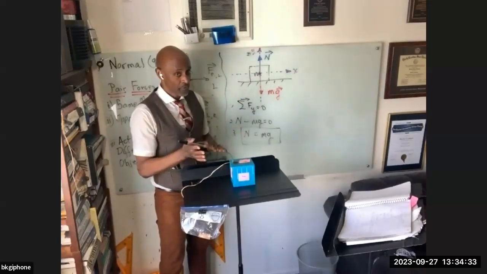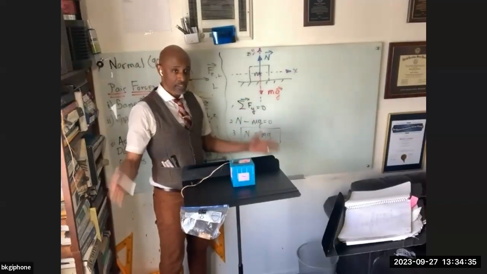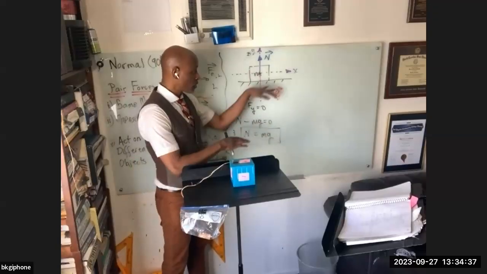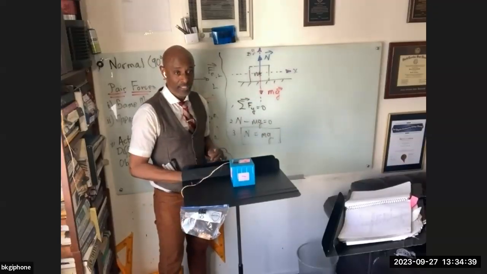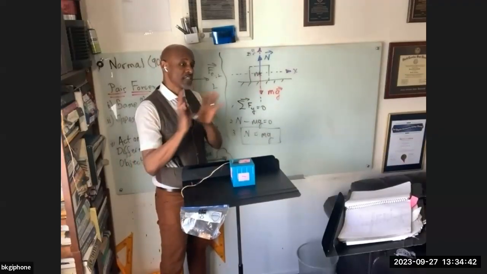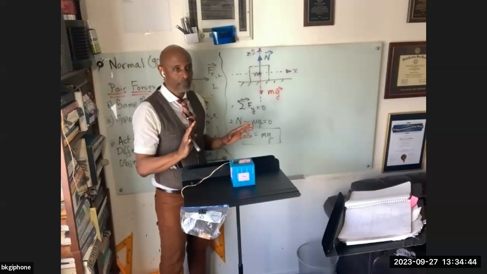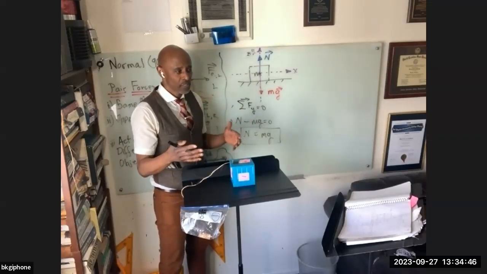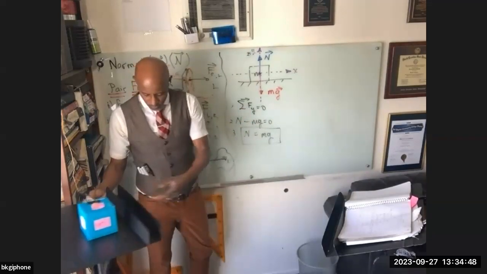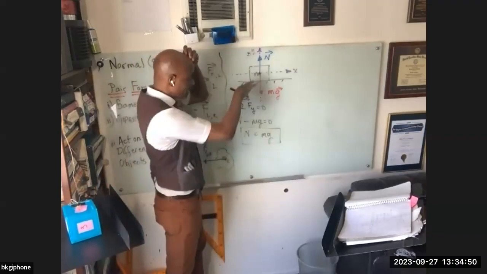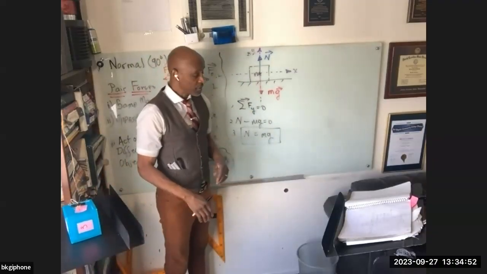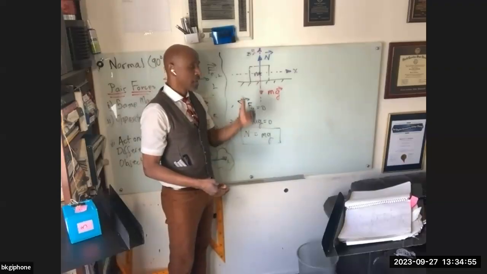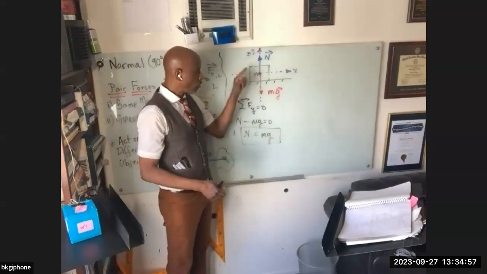They're coming from two different things. One, the weight, from the center of the Earth; the other, the normal force, from the surface of contact between the block and the table. But the forces are on the block.